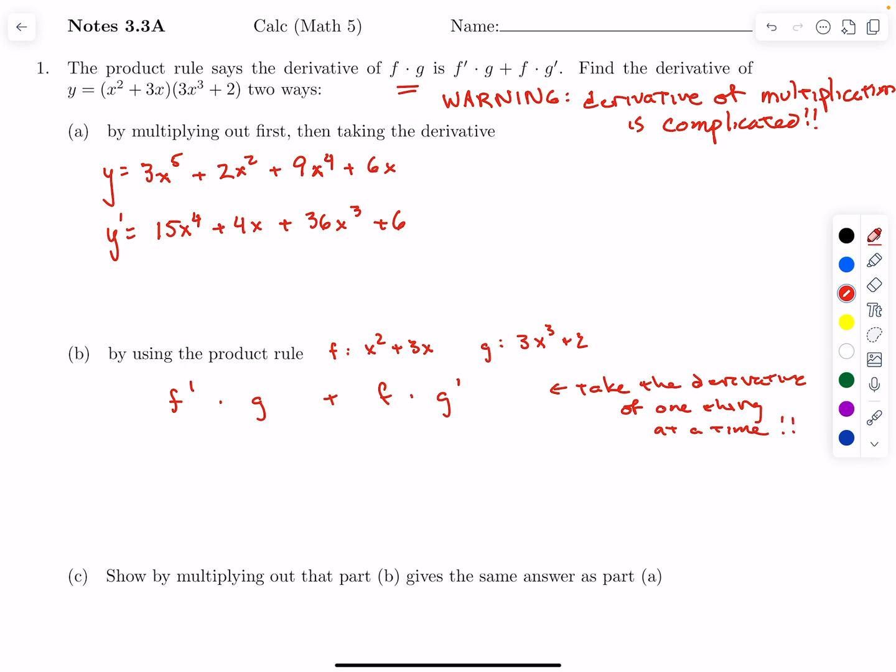Okay, f prime times all of g, we'll have to put that in parentheses. And then the original first term times the derivative of the other.